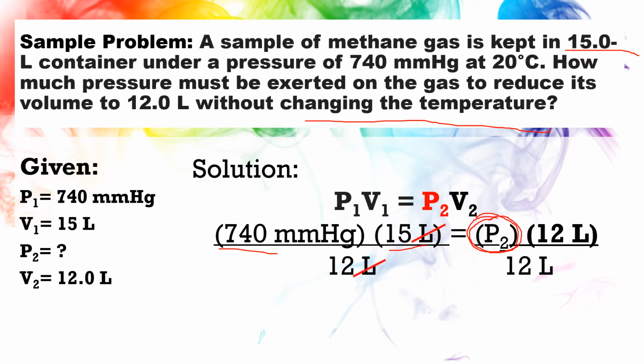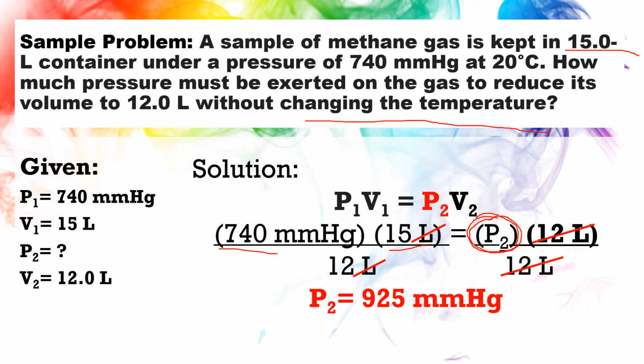And then you cancel similar units on the left side, and cancel 12 liters on the right side to make P2 the remaining value. So 740 times 15 divided by 12 is equal to 925 millimeters of mercury.